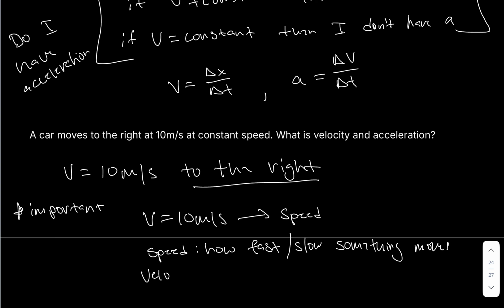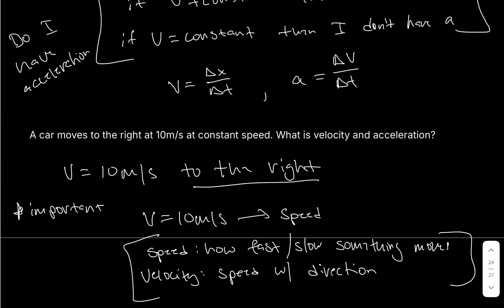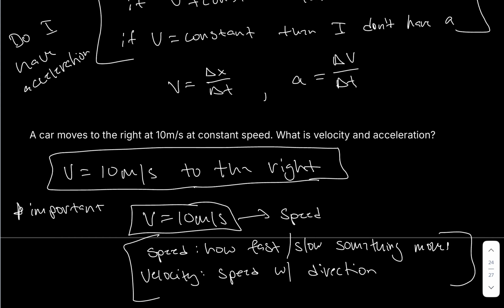And velocity is just speed with direction. So if I would have left the answer as just this, that would have been my speed. But it specifically asked for my velocity, so I have to say it moves 10 meters per second to the right. So this right here is my velocity.